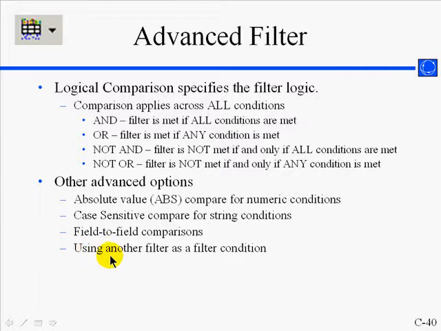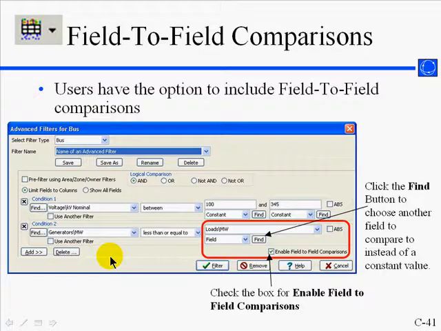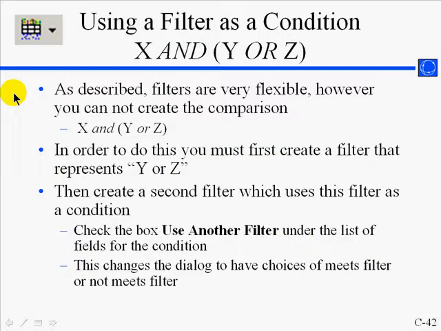And this slide shows how field-to-field comparisons can be used. And then the following slide shows again how complex logic can be applied by creating different filters that represent the different comparisons, and then using another filter within a filter to create the more complicated construct.